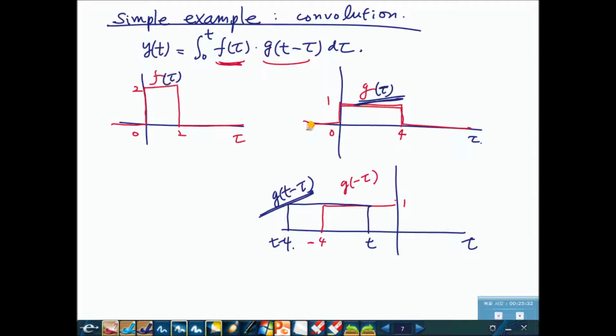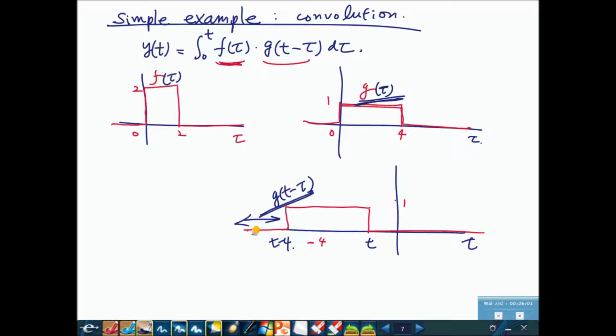This one moves as t changes, right? This one moves. So if I draw it another way, okay. As t changes, this box changes, right? It slides.